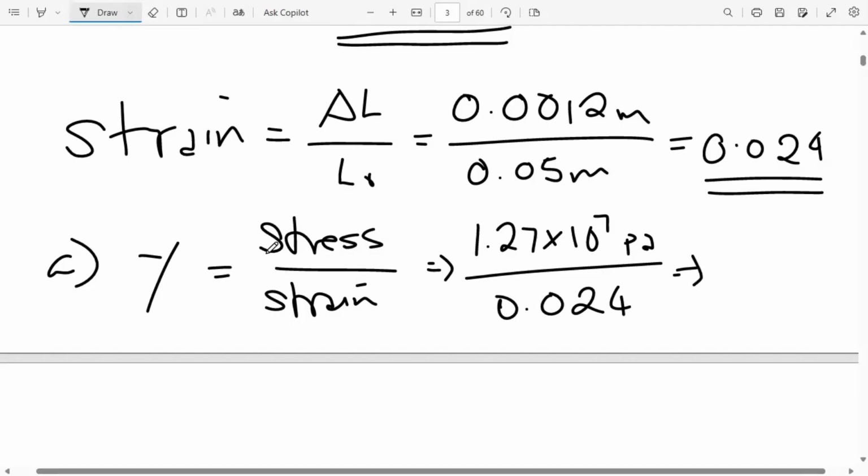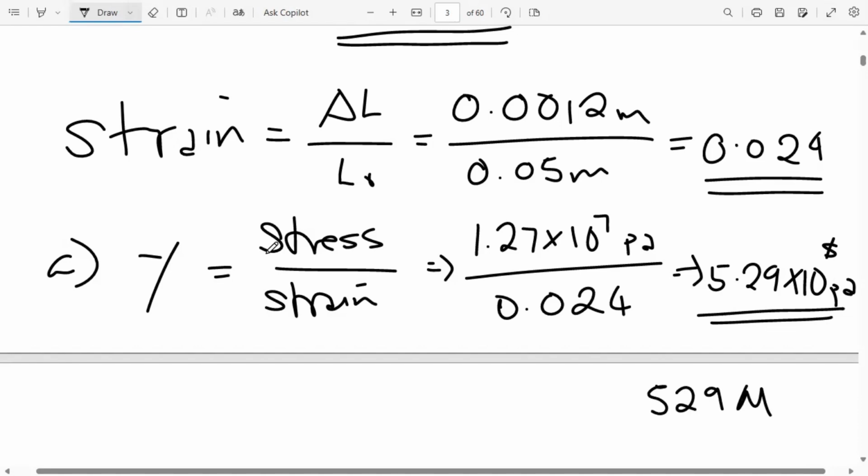Hence, our Young's modulus is going to be equal to 5.29 times 10 to the power 8 pascals. If I also convert this to megapascals, I'm just going to get 529 megapascals, and this is my Young's modulus. Like that. So that is part C of question 2.